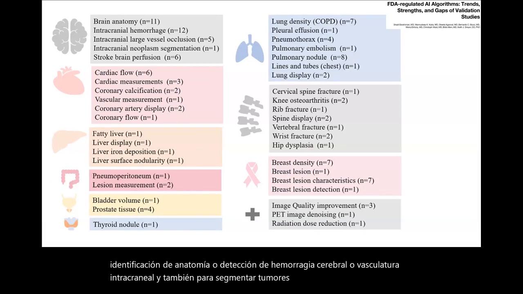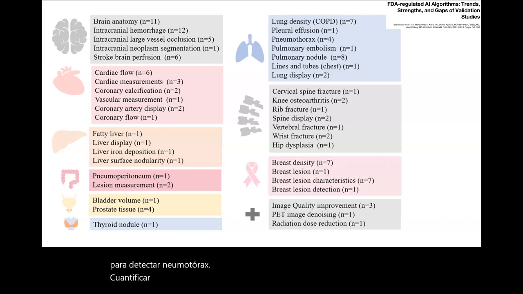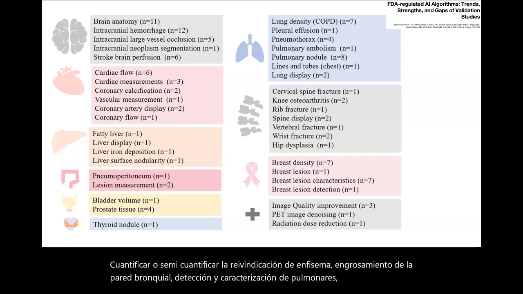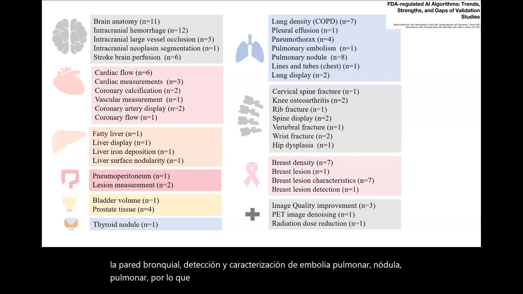In the chest X-ray and chest CT, these tools can be used to detect pneumothorax, quantify or semi-quantify emphysema, bronchial wall thickening, and for detection and characterization of pulmonary nodule and pulmonary embolism. So in every body part, there are emerging applications of AI-based lesion detection.